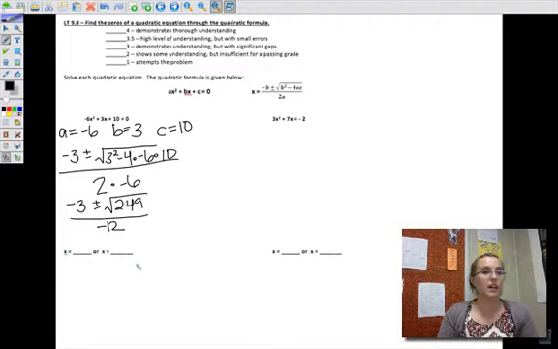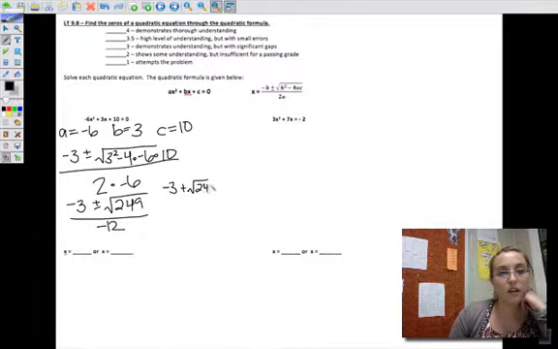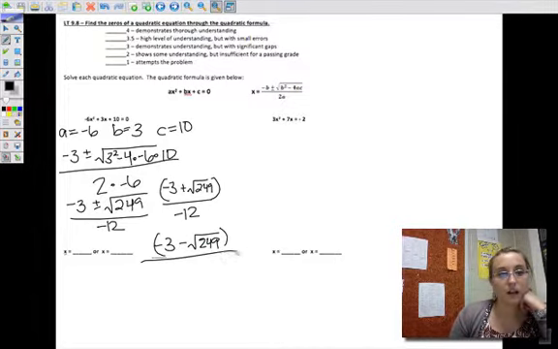So when I take the square root of 249, I'm going to get some decimal. And what I want to do is do this top part first. So I want to take -3 plus the square root of 249, and then take that answer and divide it by -12. And then I want to take -3 minus the square root of 249 and divide that answer by -12.